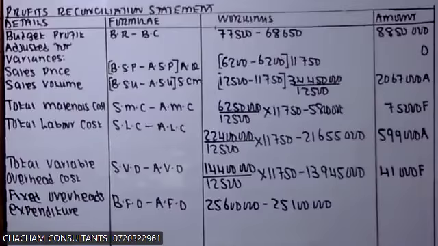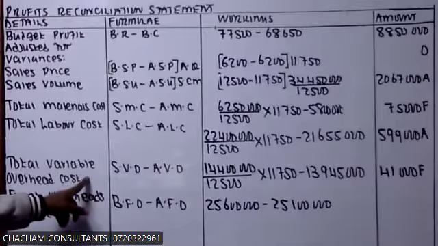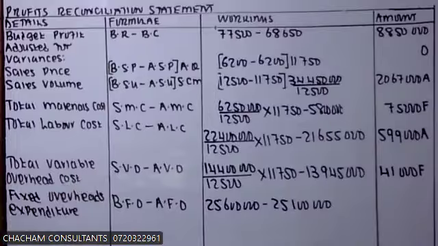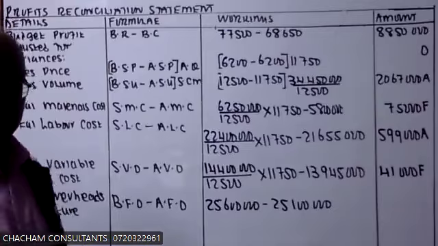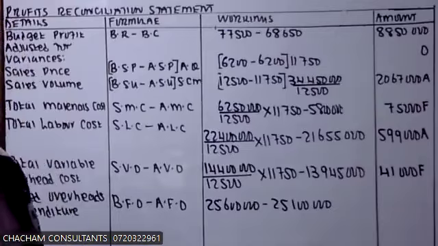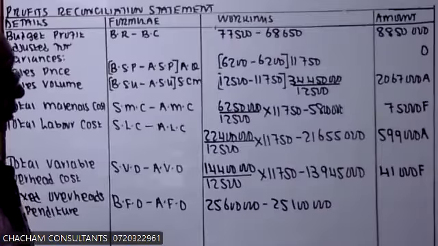Excuse me, Mwalimu. Yes. The total overhead from my side, I'm getting 409,000 negative. So you're saying 409? Yeah.